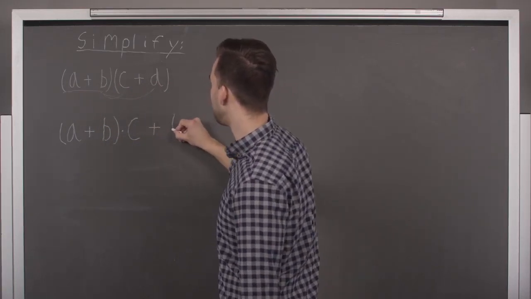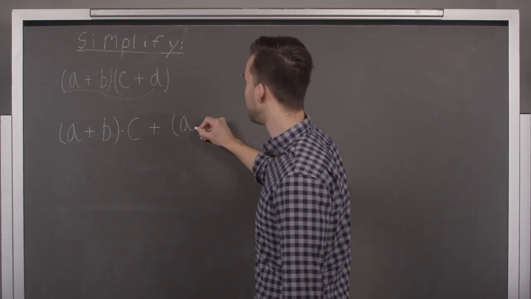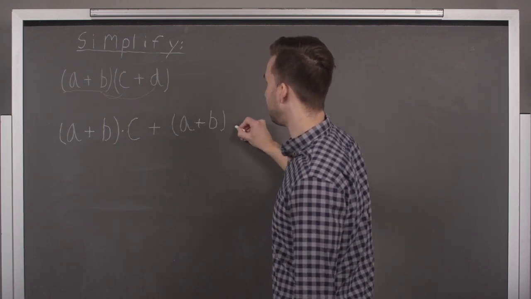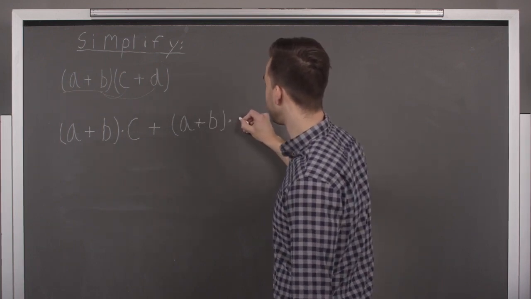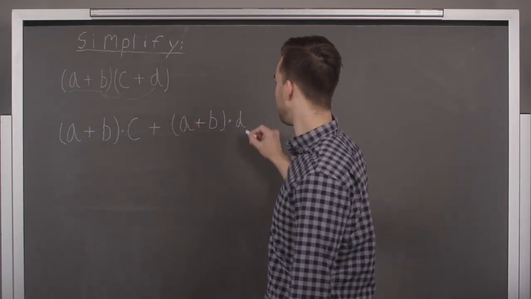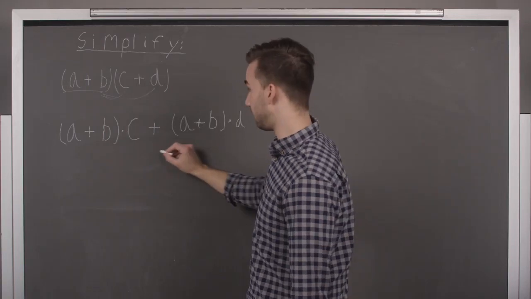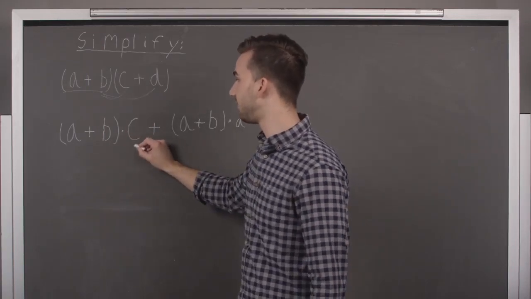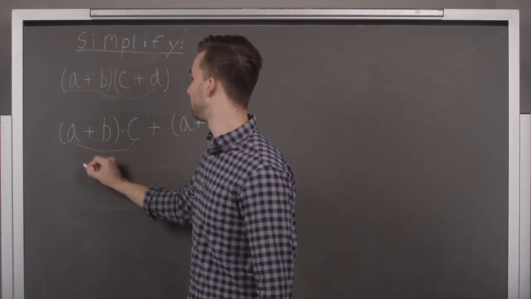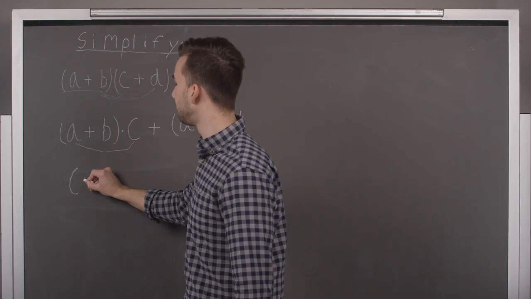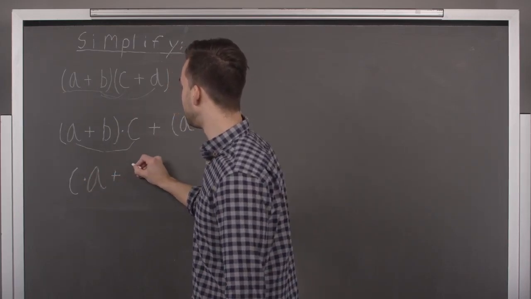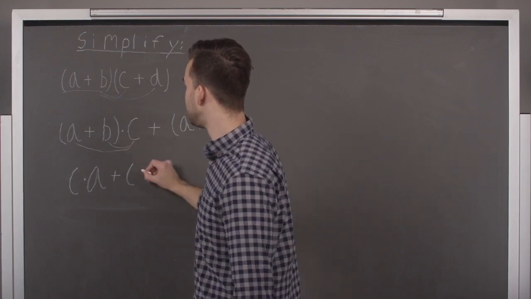plus a plus b in parentheses, a plus b times d. Right? We did it there. So now let's simplify this. Outside element times both of the inside elements. So c times a plus c times b.